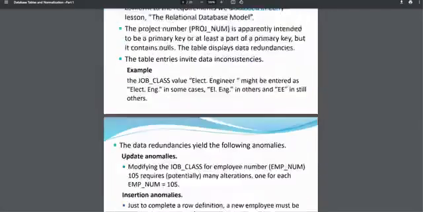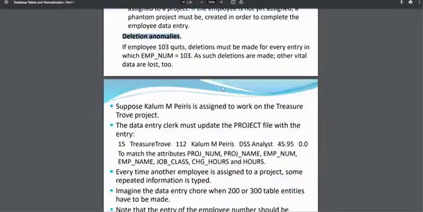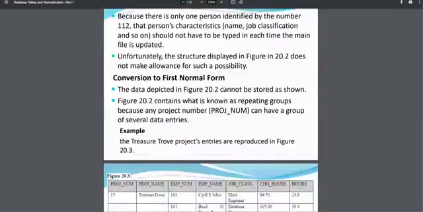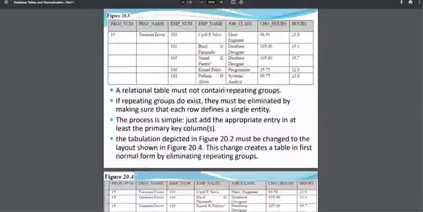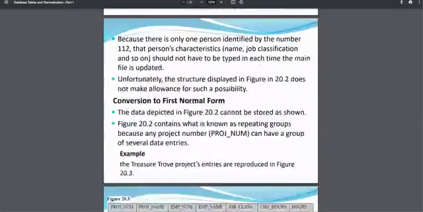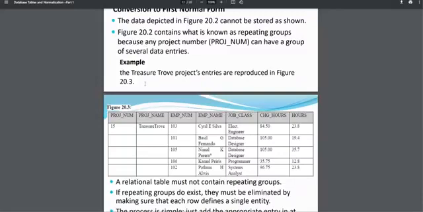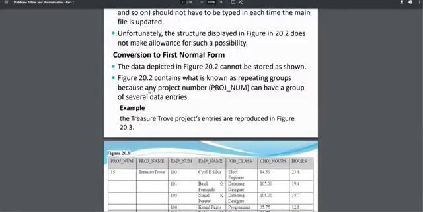Got that? Previously it was in zeroth normal form, or the not normalized stage.